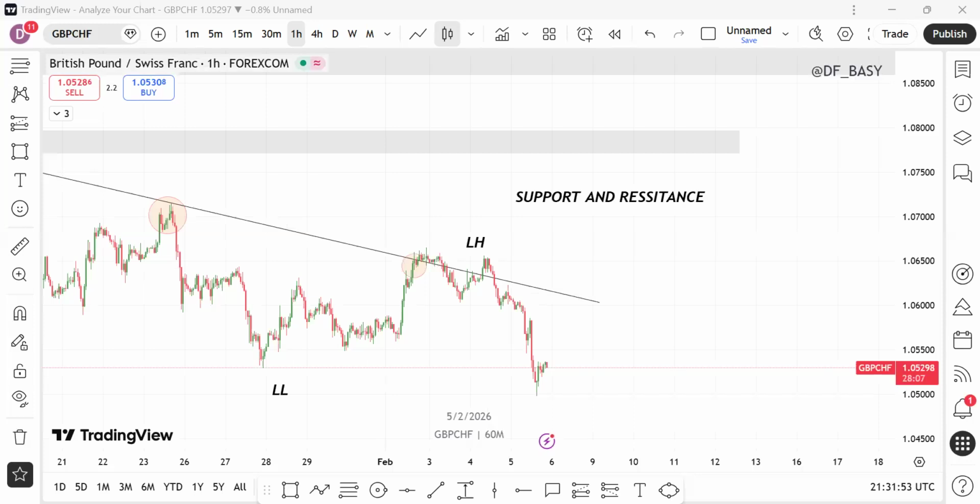So now moving on, support and resistance. Support is a price level where the market tends to stop falling and bounces up.